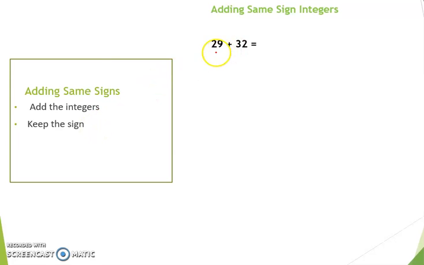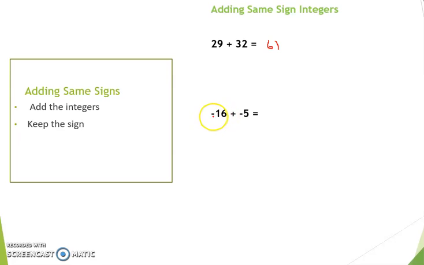So if we look at positive 29 plus positive 32, when we add those two numbers together, we get 61. These both are positive numbers, so our sum will be positive.